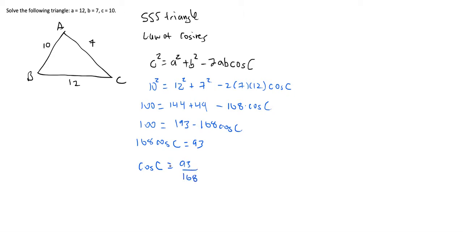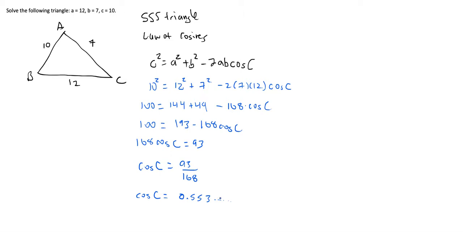Now we should be able to determine what that number is. Just use your calculator: 93 divided by 168 gives us, rounding here, 0.553 and it keeps going. I'm not going to write out the whole number.